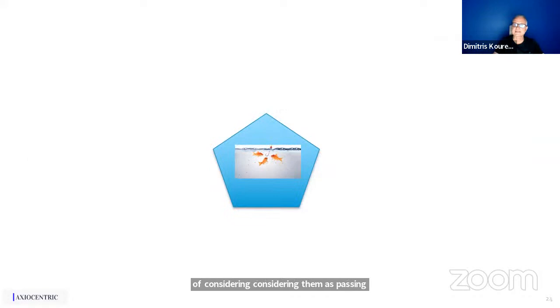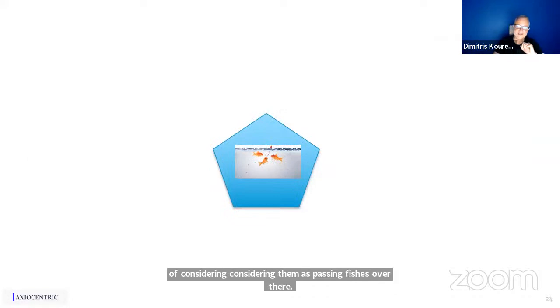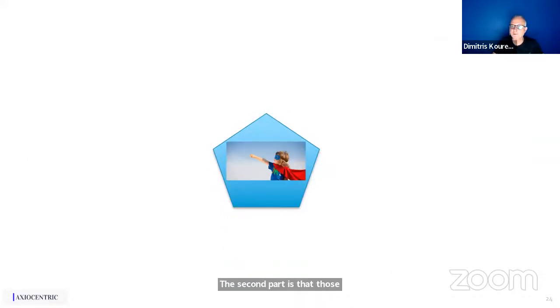The second part is that those fishes became super powerful because today in their phone, they have all the alternatives. They have more choice than ever before. That was not the case 20 years ago. Today it is. They can see everything, all the different alternatives, all the competition.